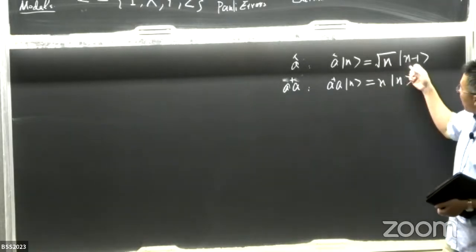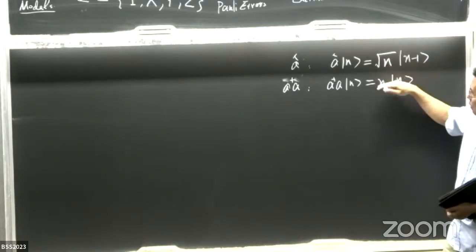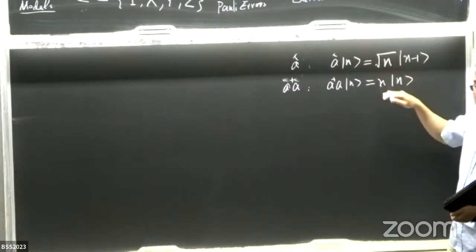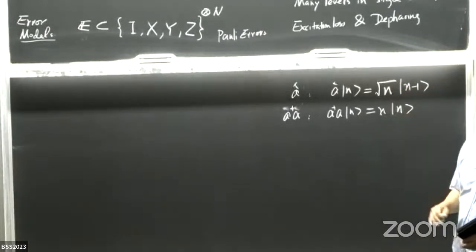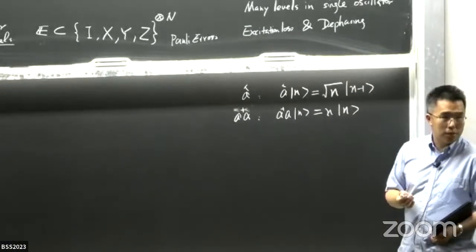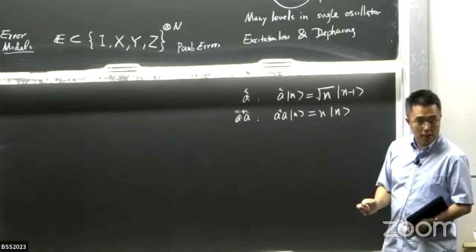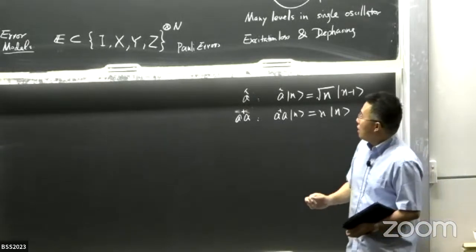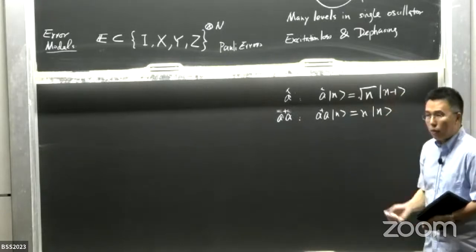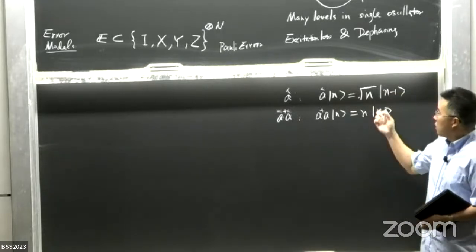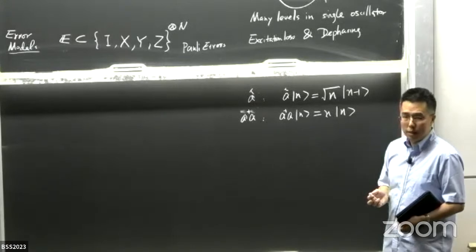So notice that for both loss and dephasing errors, at least the excitation number does not change dramatically. And that is the feature that we will use for our error correcting codes to correct bosonic loss errors. That's actually related to the code design: if we know the feature of the error, we can design the codes more efficiently to correct these dominant errors.